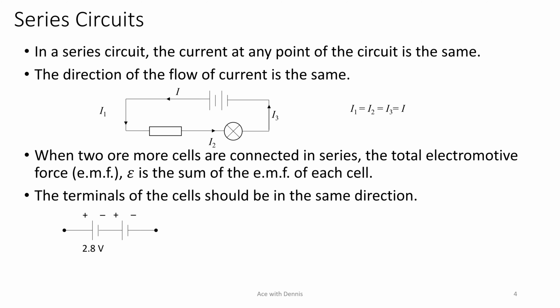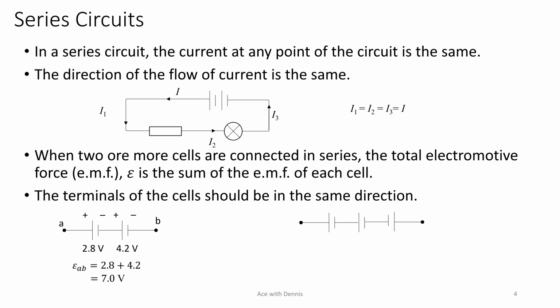Let's say the EMF of the first cell is 2.8 volts, and the EMF of the second cell is 4.2 volts. So the EMF from point A to point B is the sum of these two cells, 2.8 plus 4.2, which gives you 7 volts.